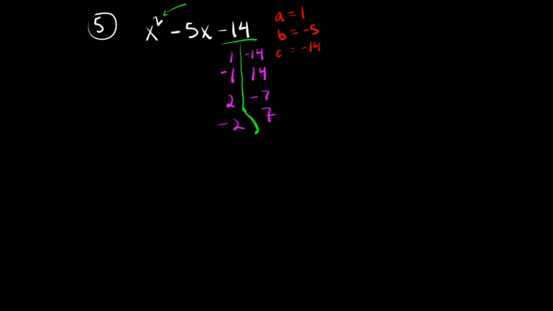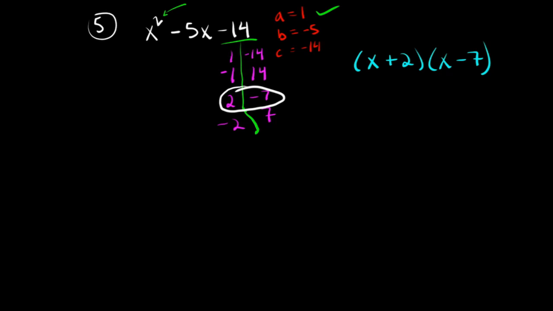And we're looking for the factor pair that sums to negative 5. So that's going to be 2 and negative 7. 2 plus negative 7 is negative 5. And so again, because a equals 1, I can immediately go to my factored form, which is just going to be x plus 2 times x minus 7.